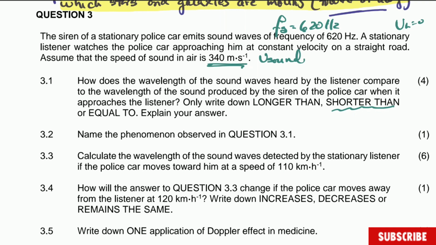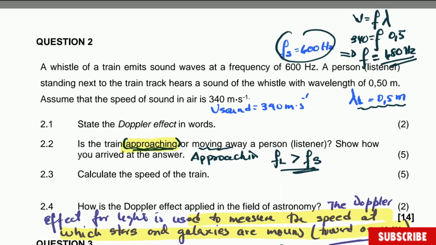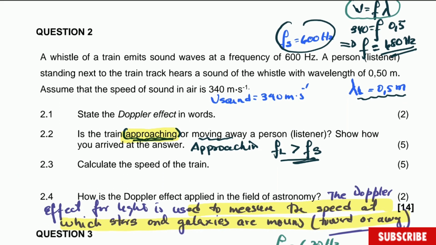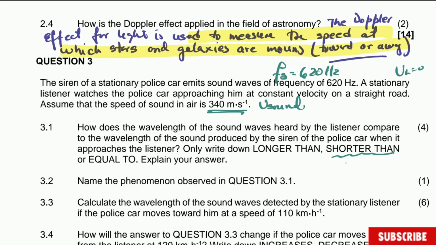Remember, according to the first formula we used before, wavelength is equal to speed divided by frequency. If we rearrange this, you can see that if the frequency is less, the wavelength is more.